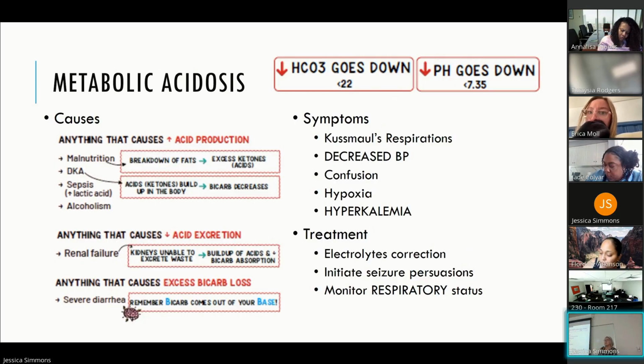So malnutrition, which causes a breakdown of fats and increase in ketones. We have DKA, which is also ketones that build up in the body. We have sepsis with increased lactic acidosis. Alcoholism.